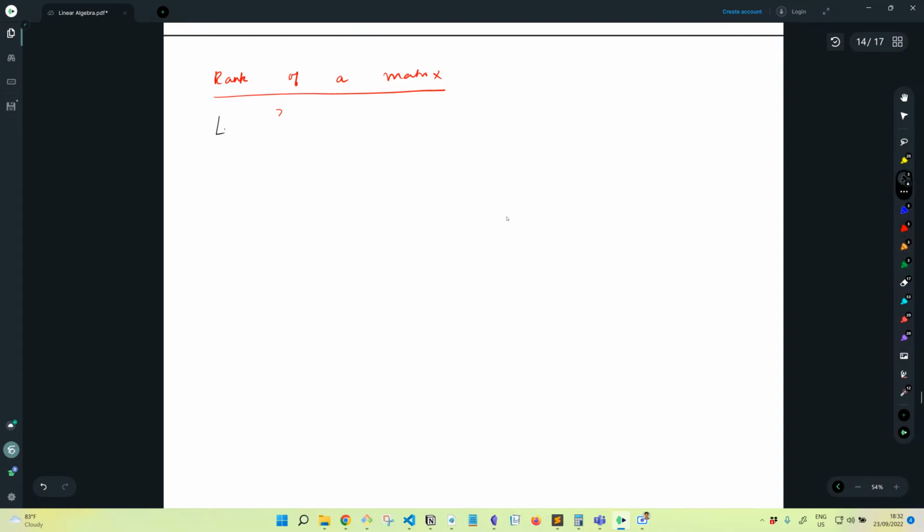So when you solve a system of linear equations, when you convert this A comma B, you have this augmented matrix A comma B. If you convert this A comma B to RREF, what will happen if you encounter a row that is all zero? I'm not giving the definition of rank as yet. Let me motivate rank.